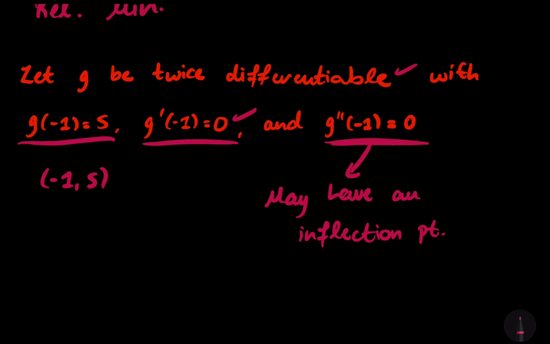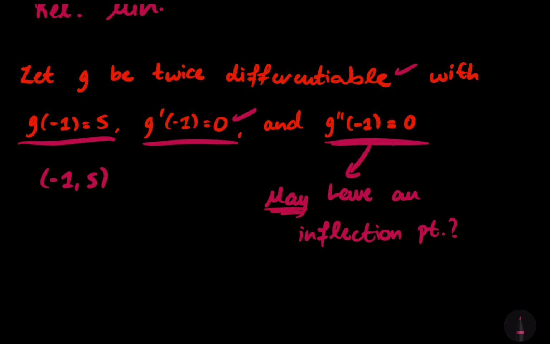We may have an inflection point, with a question mark, because at this particular point g double prime is equal to 0. For an inflection point, we need the second derivative to either be undefined or equal to 0, and we need to change concavity, so the second derivative must also change signs. We don't really know whether it changes signs, but we do have the first condition met, so that's why I use the word may.